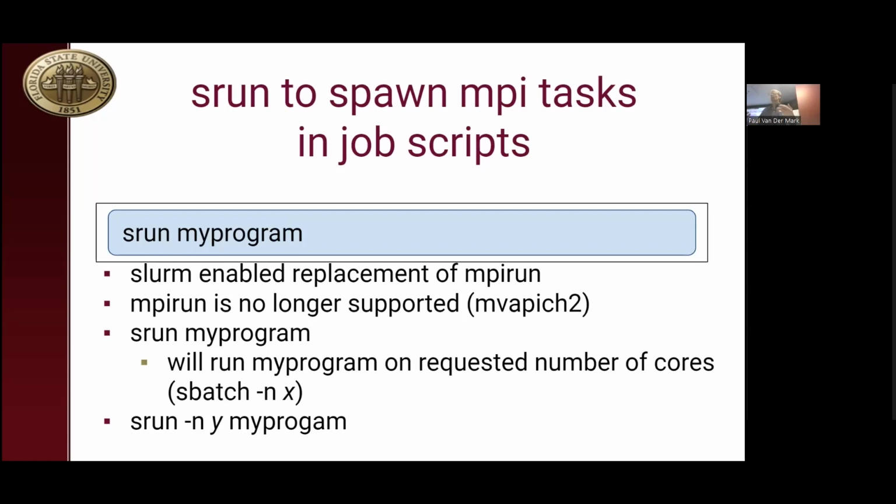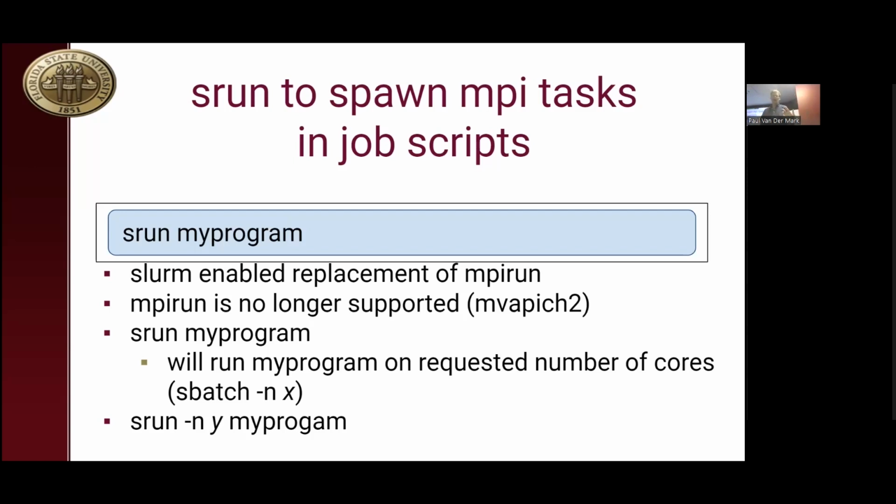Sometimes you have to use mpirun to do that starting. So mpirun my program, or we use srun my program. If you allocate 10 cores and you use srun my program, it will start 10 instances of that program. And then hopefully they will start talking with each other through MPI.